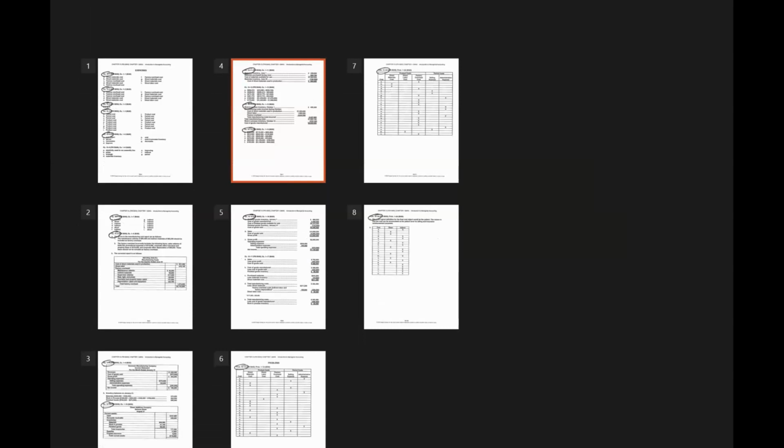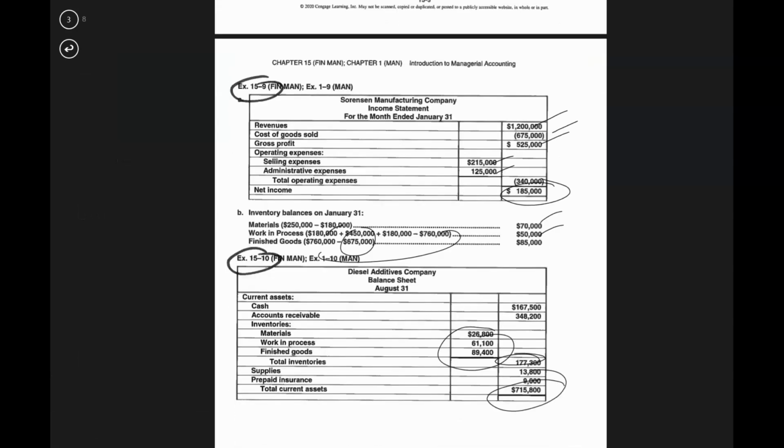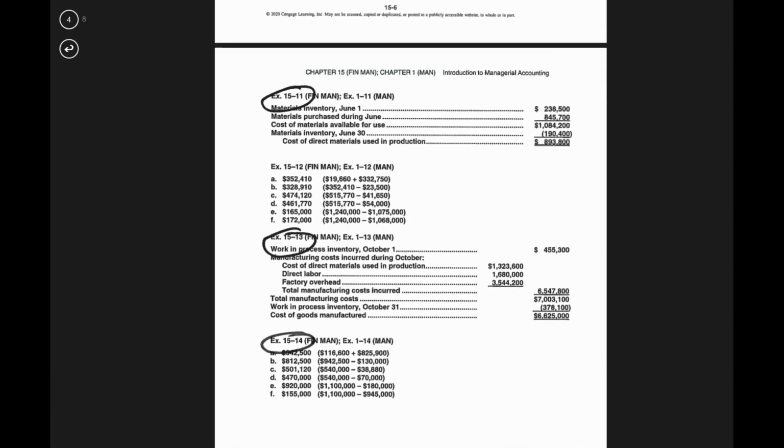All right, here, let's go back. 765. Number 13, cost of goods manufactured. Again, this is also detailed on page 765, but what we're doing here is we're going to start off with beginning WIP.